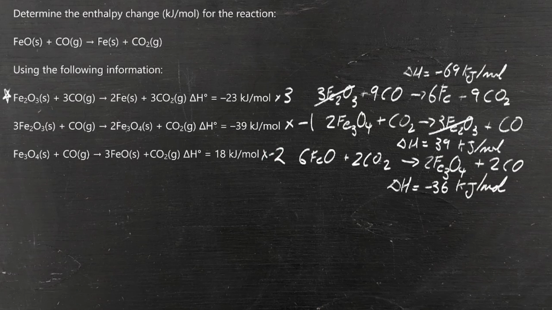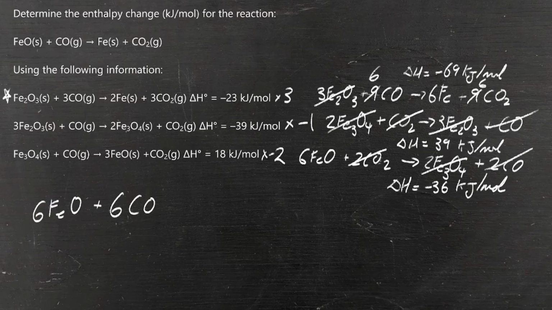Now we see that our Fe3O4s cancel out, and that a lot of the other terms cancel out. For example, the CO2s and the carbon monoxides. Simplifying this down so it's not covered in a whole lot of lines and annotations, we end up with 6 iron 2 oxide reacting with 6 carbon monoxide to produce 6 moles of elemental iron and 6 moles of carbon dioxide.